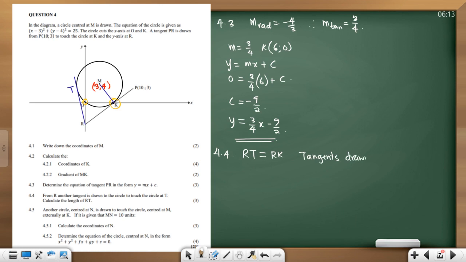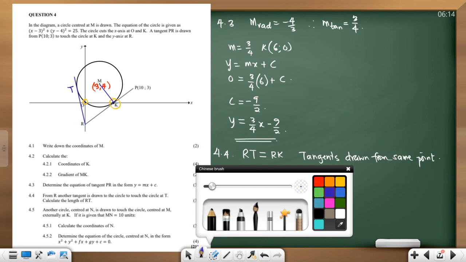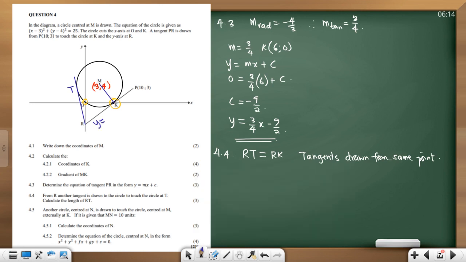Tangents drawn from same point. So all we need to do is to get the coordinate of R and use the distance formula. Do we know the coordinate of R? Oh, R is on this straight line. And we know this equation as y equals what? 3 over 4 x minus 9 over 2.